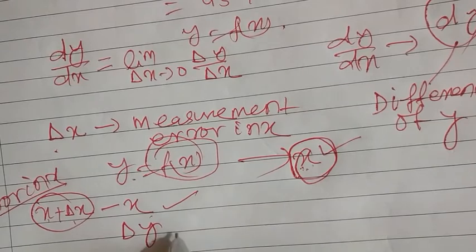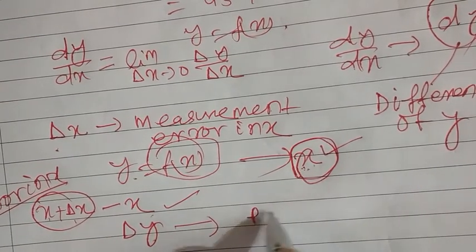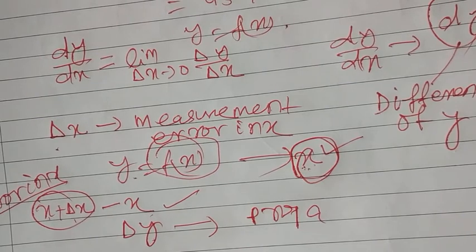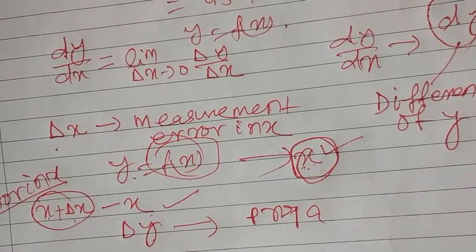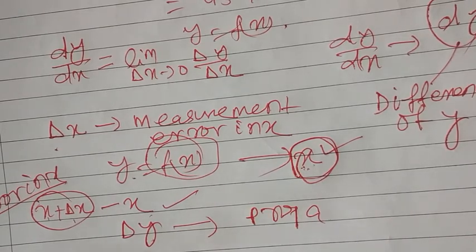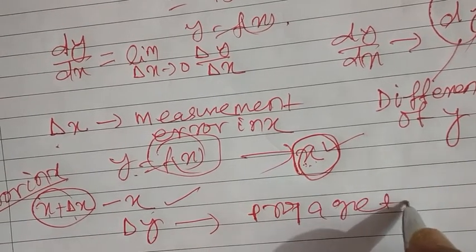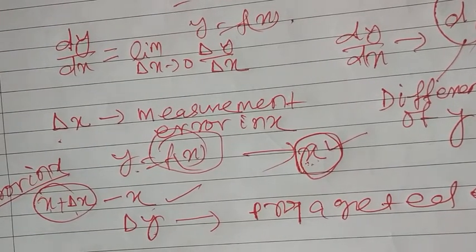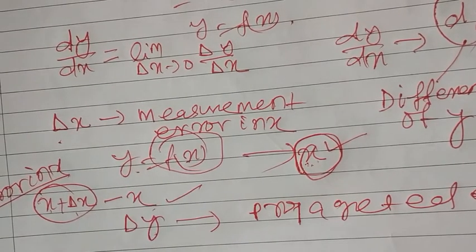Therefore we call this propagated error. Do you understand? It is transferred error. Error has been transferred to y due to error in x in f(x). So this delta y is propagated.